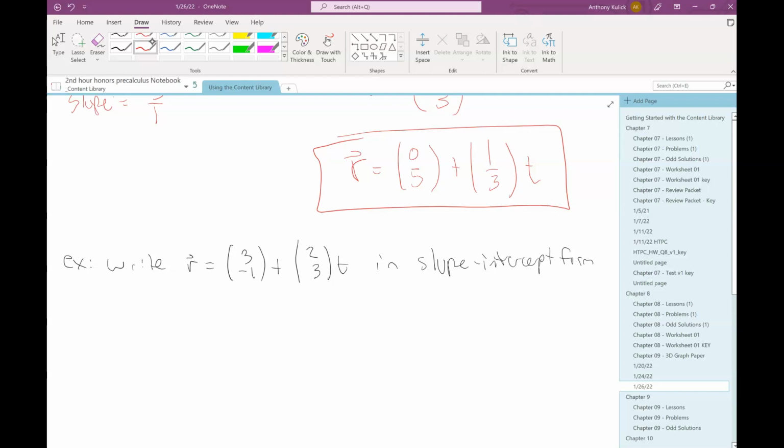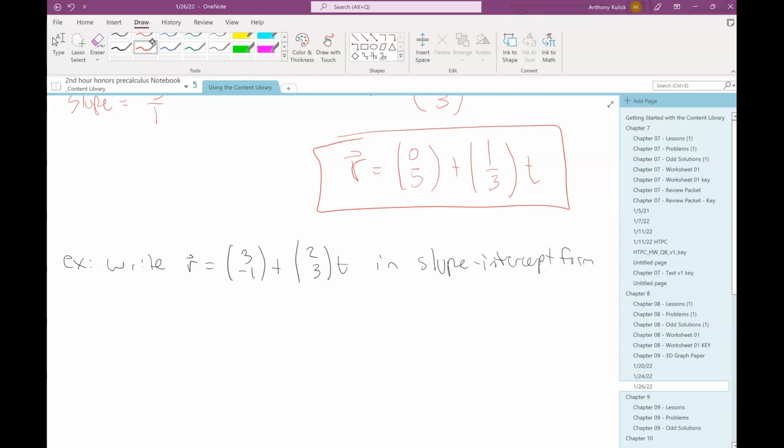Okay. All right. So to write the slope-intercept form equation for a line, you need either 2 points on the line or a point and a slope. Everybody agree? What's going to be the easiest two things to get for us?